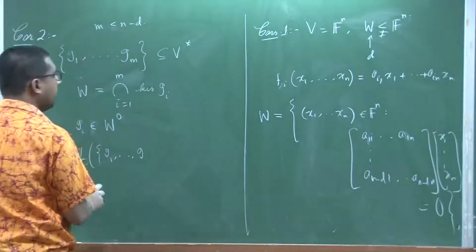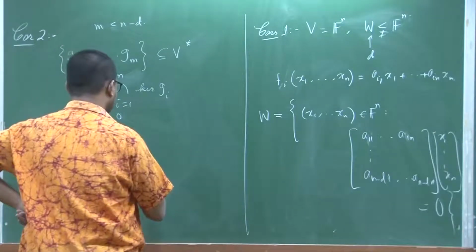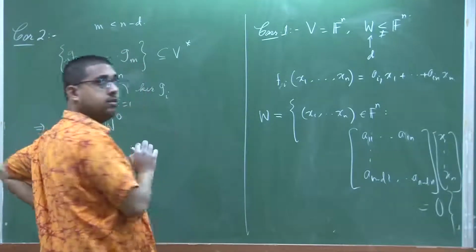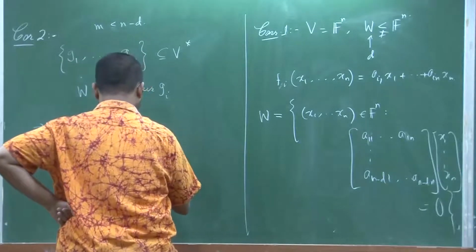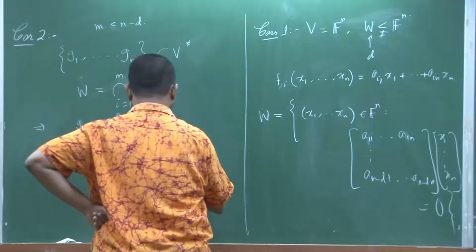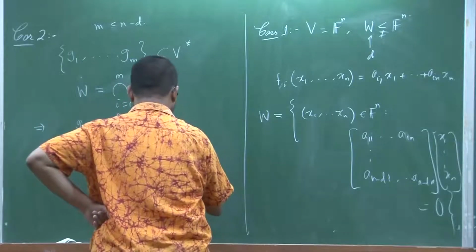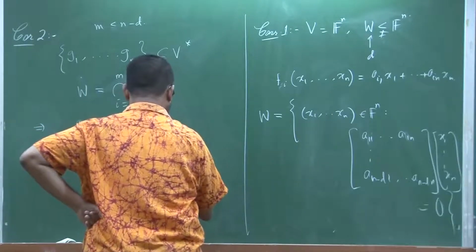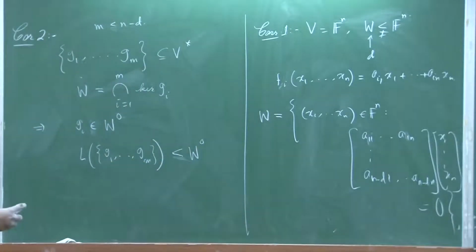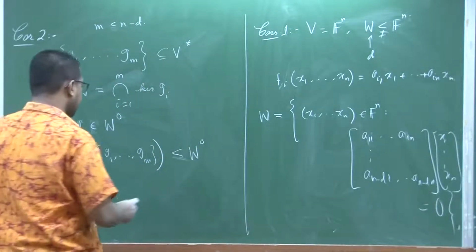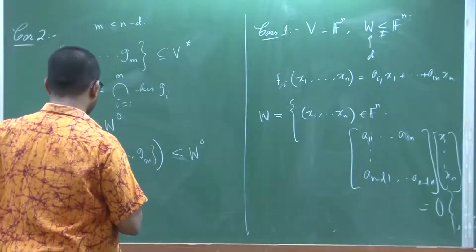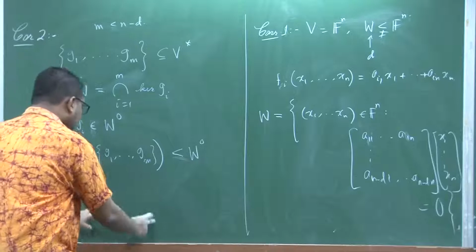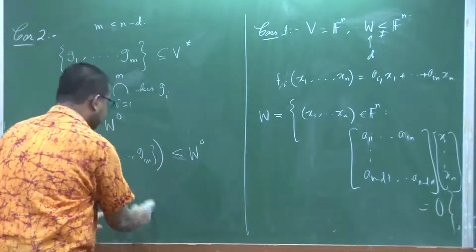I am just giving you a quick argument, and the details are left to you to fill up, because I do not have much time. This will be a subspace of W naught, in fact, a proper subspace of W naught. So then, what is the subspace annihilated by this?